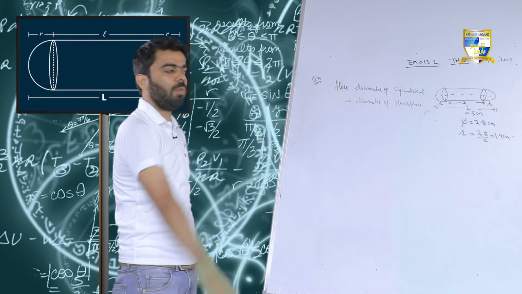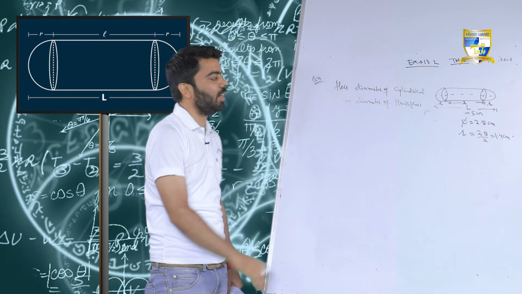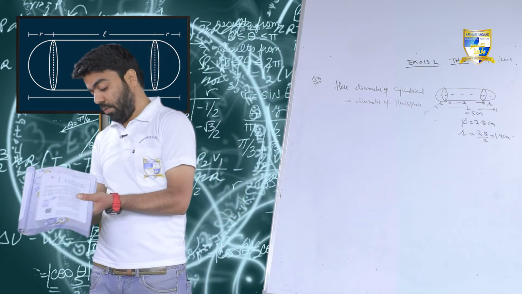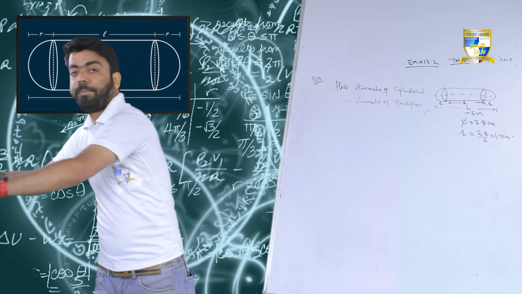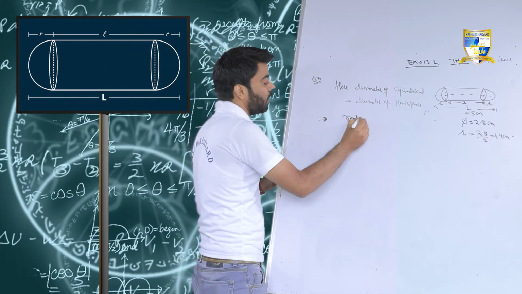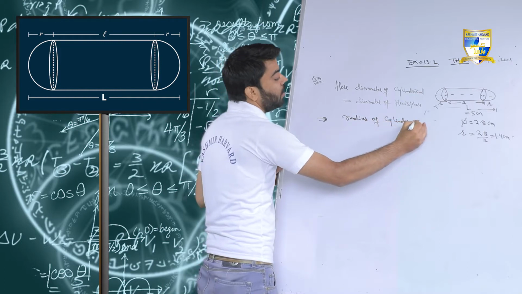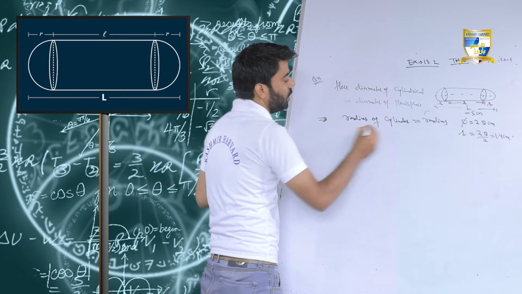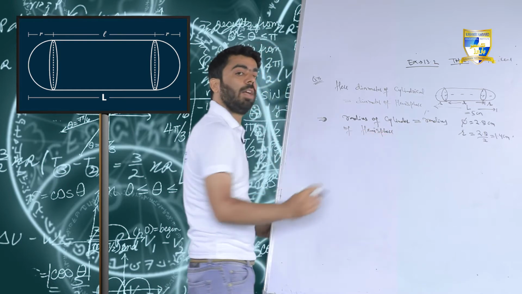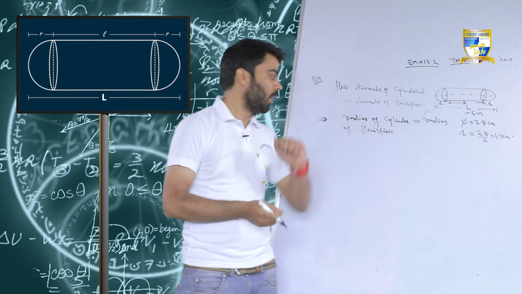From the diagram, we conclude that the diameter of the cylindrical part is equal to the diameter of the hemispherical part, which implies that the radius of the cylinder is equal to the radius of the hemisphere.